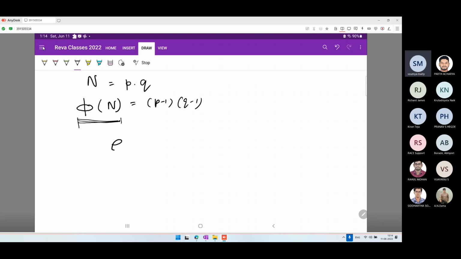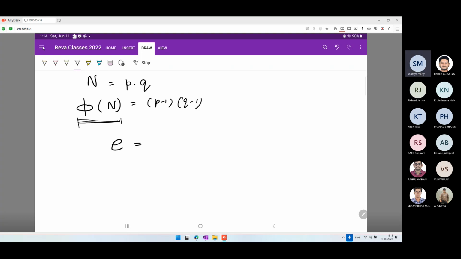So the very simple rule is, E is the encryption key. It is just any number which is not a factor of phi n.